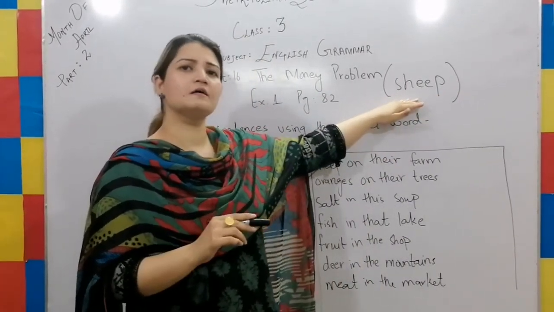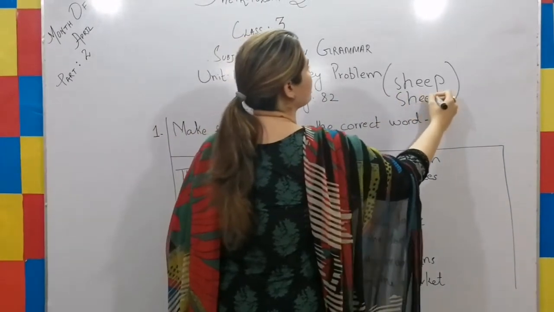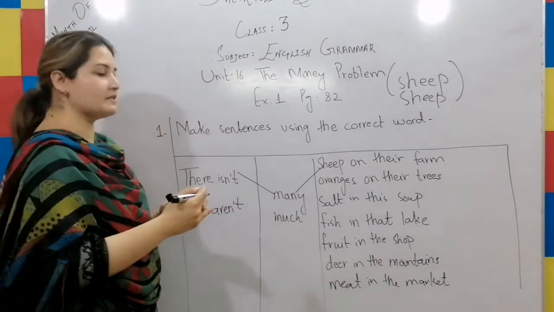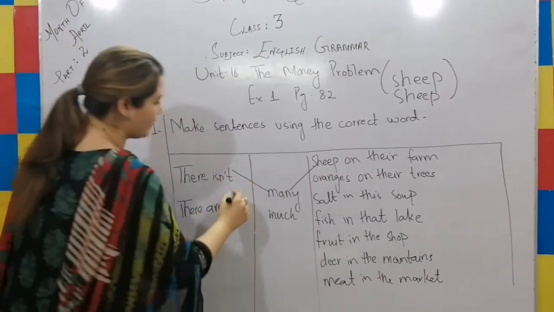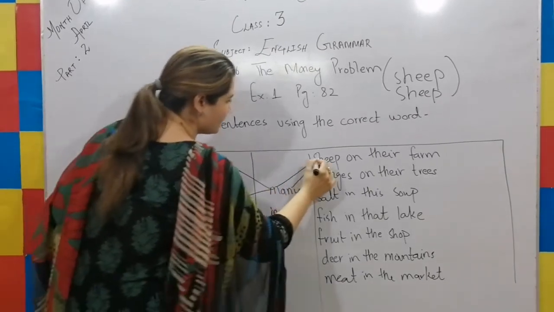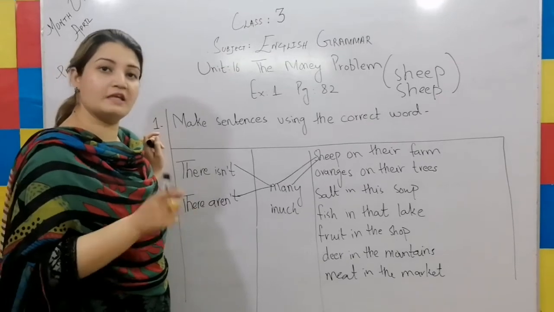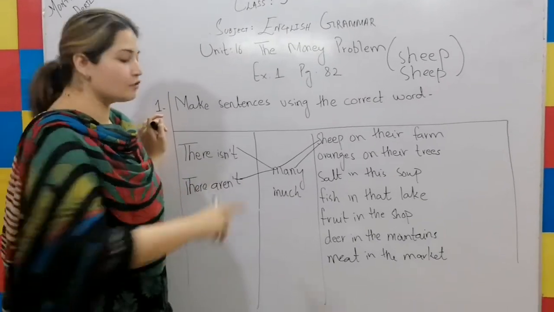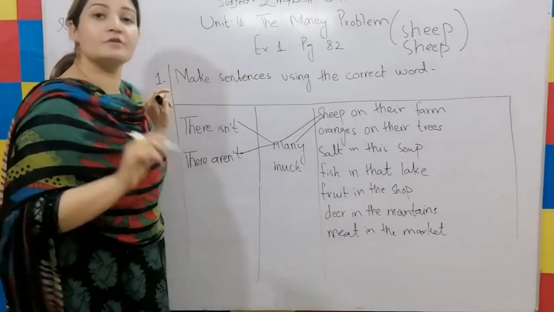But what is the plural noun of this sheep? It is also sheep. So you can write in both sentences. For example, you can write there is not many sheep and you can also write there are not many sheep. Both the sentences will be correct. Sheep singular, sheep plural. So we will consider both cases.